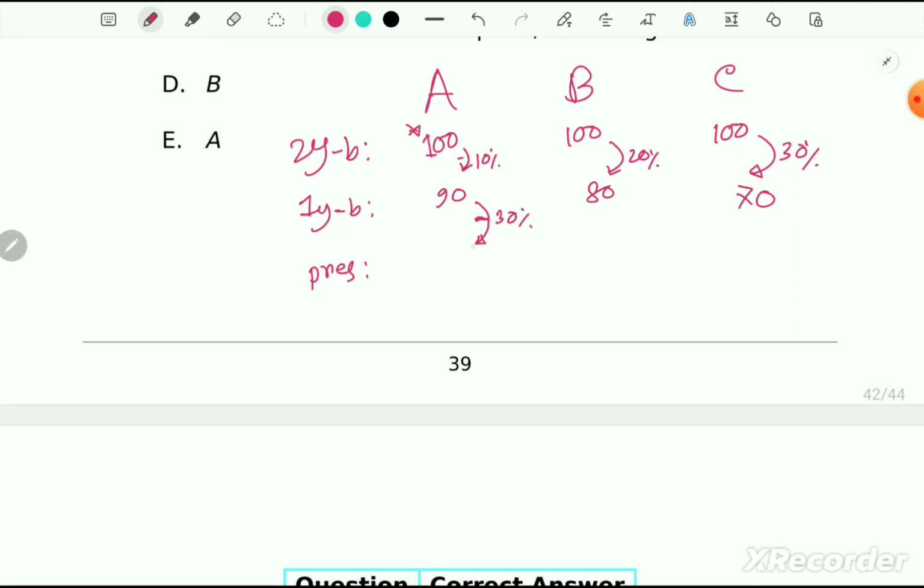So 30% of 90 we can calculate this way, 90 times 30%. Okay, 27 is the 30% of 90. So if we subtract, 90 minus 27, it becomes 63.